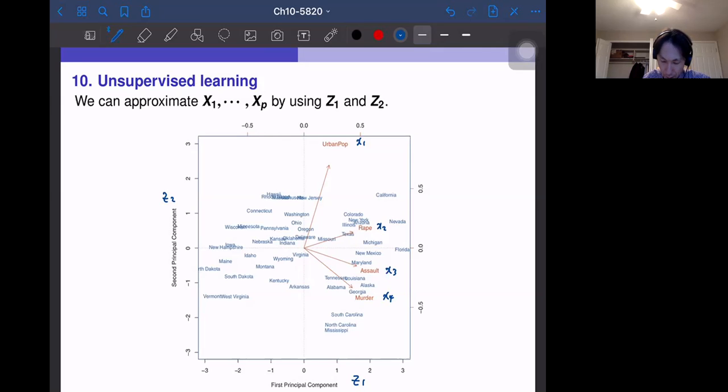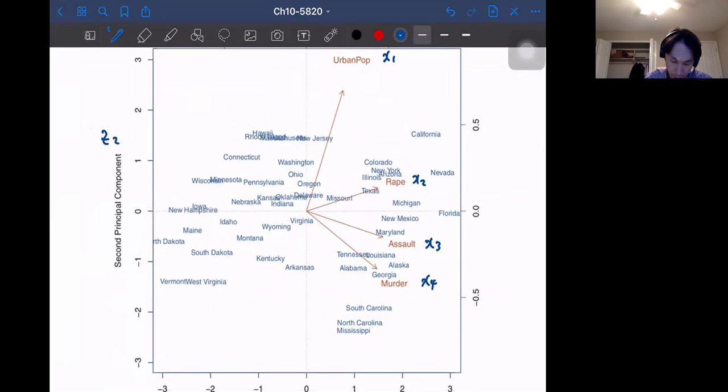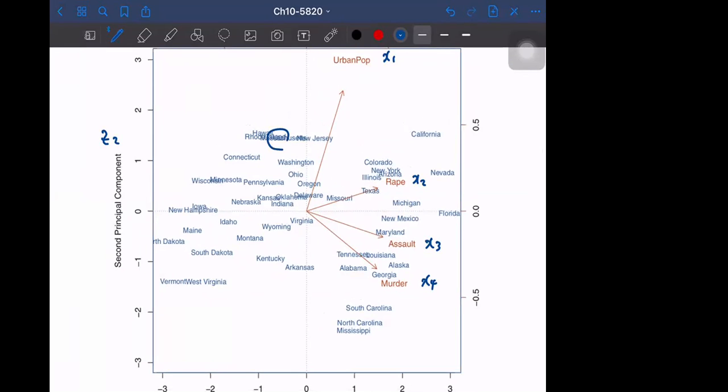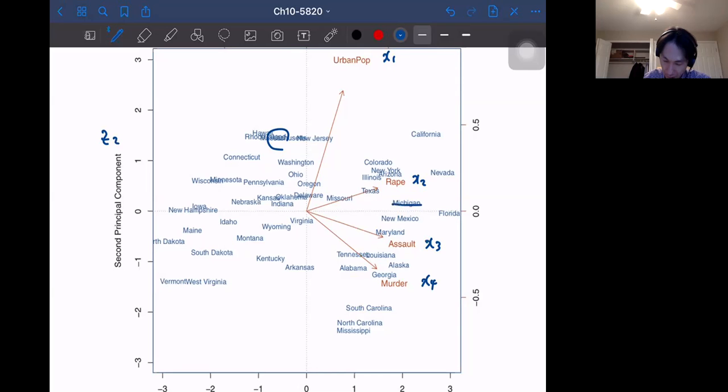So in terms of the tendency of crime, you can see, for example, where's Michigan? Michigan is, not sure, around here. I'm not sure. Michigan is 2-0. Oh, here, okay.